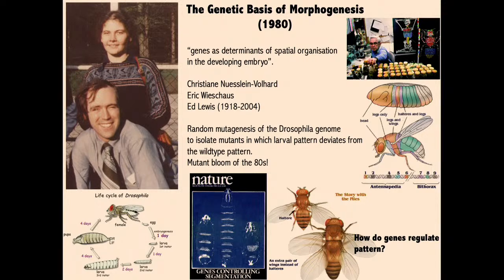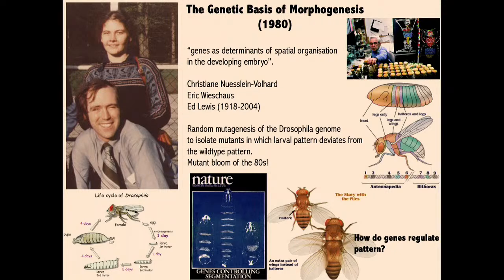What you see in this picture from the cover of their Nature paper in 1984 shows you what a wild type larva, and when I say a larva, I really mean a maggot of the same kind that lives inside mangoes and bananas and other fruit, what the wild type pattern of a larval cuticle looks like.